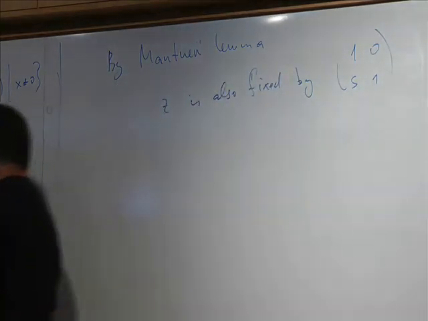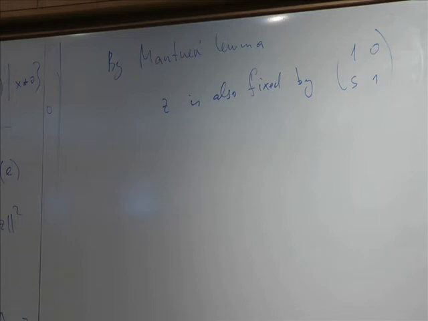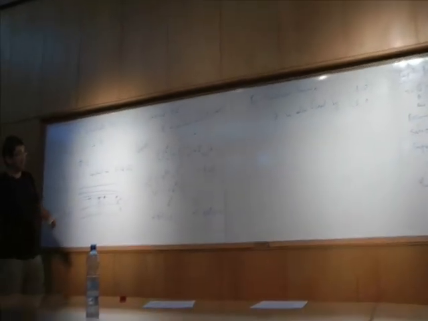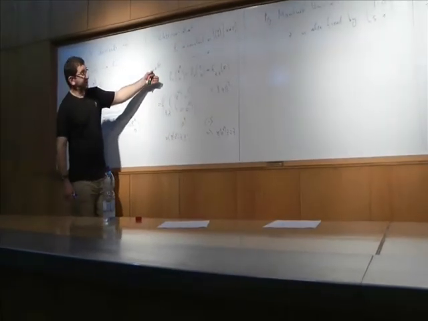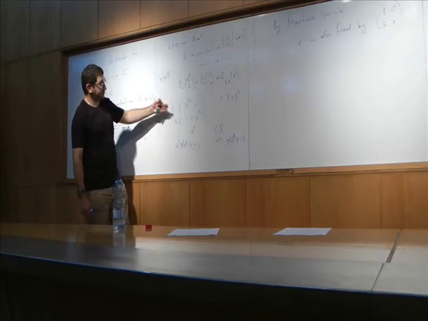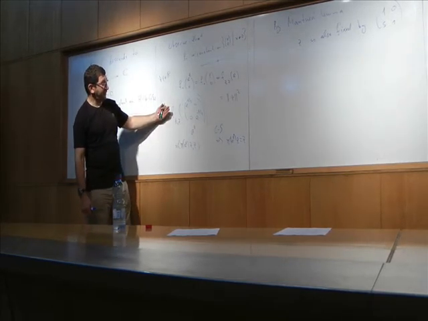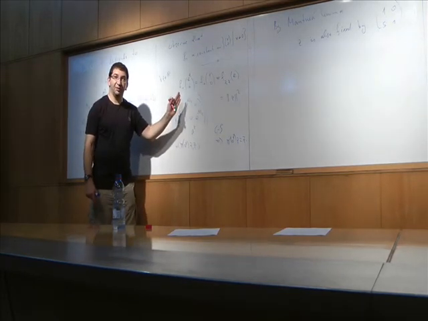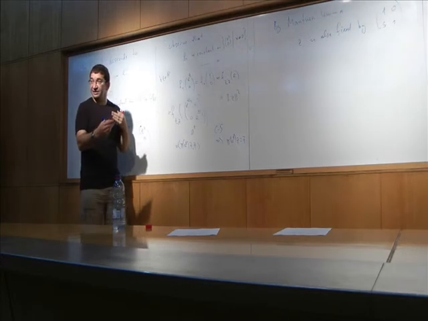Why? Because Z was fixed under those, H plus. It's going to be fixed under H minus because by Gelfand's trick we showed that it is fixed by the whole diagonal subgroup, whether positive t's or negative t's.